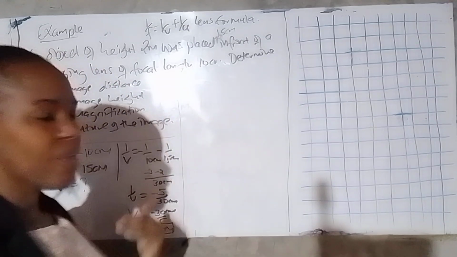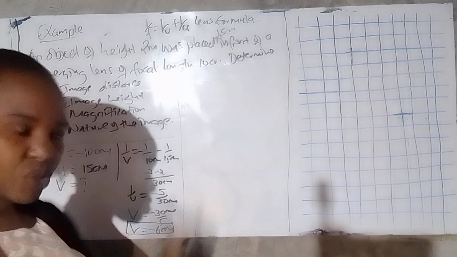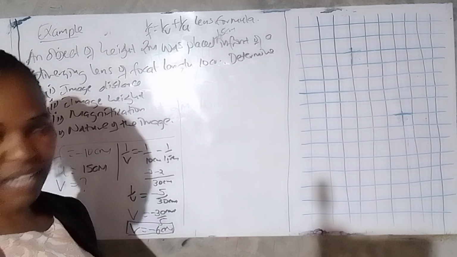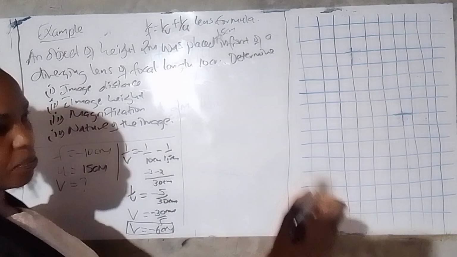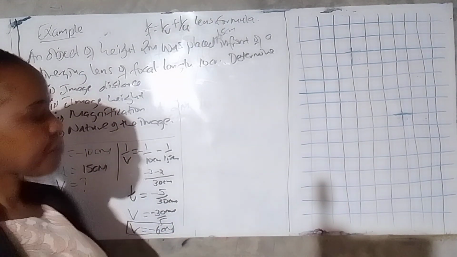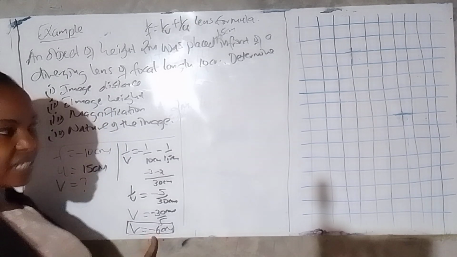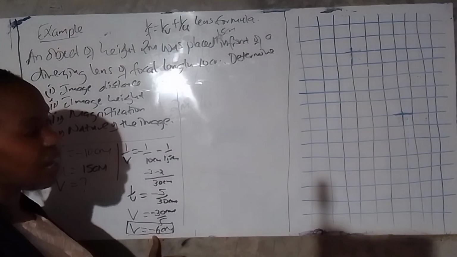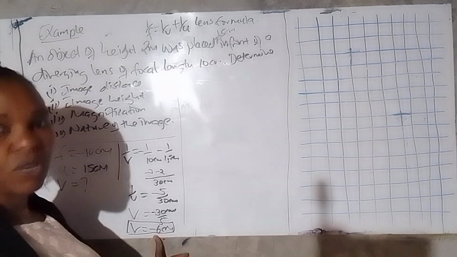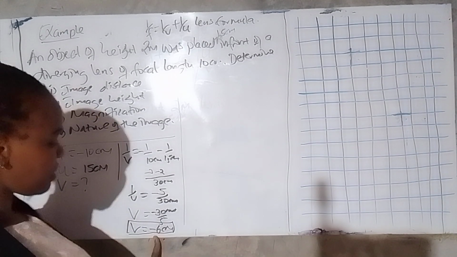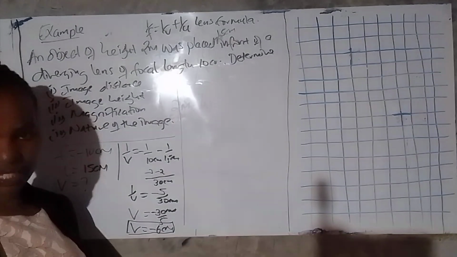But the side where the object is, if the image forms on that side, then that side is negative. Just like in a number line, that side is positive, the other side is negative. So that is why it is negative, because the image and the object are forming on the same side.